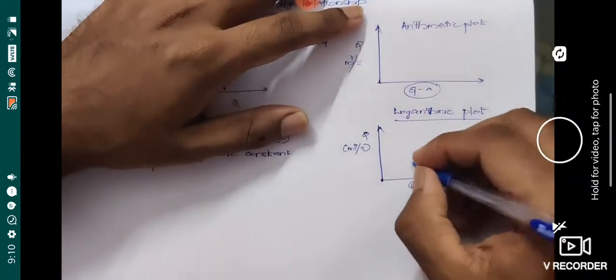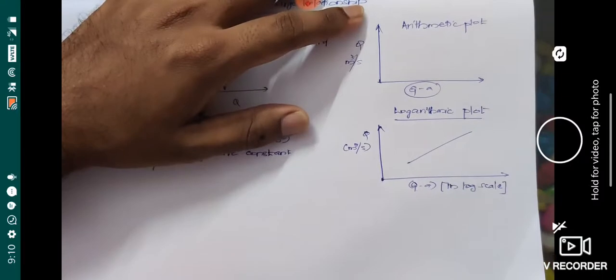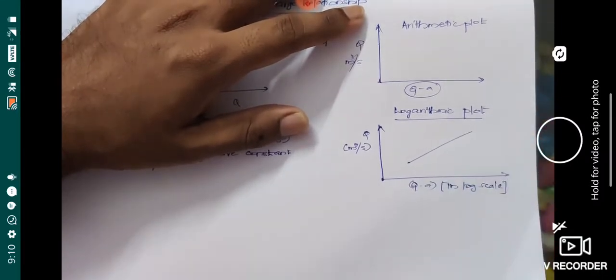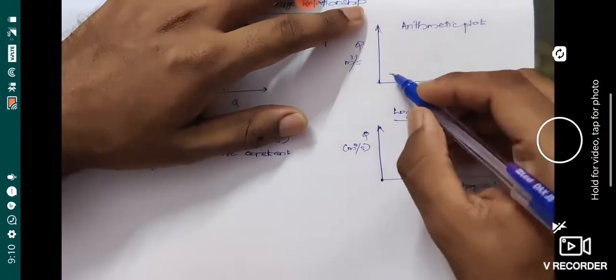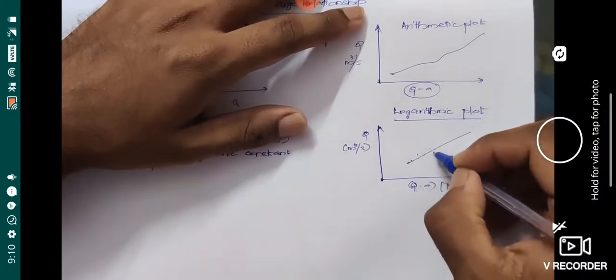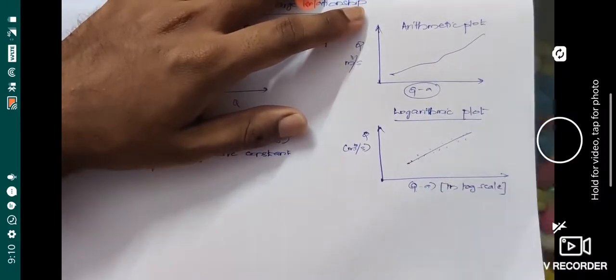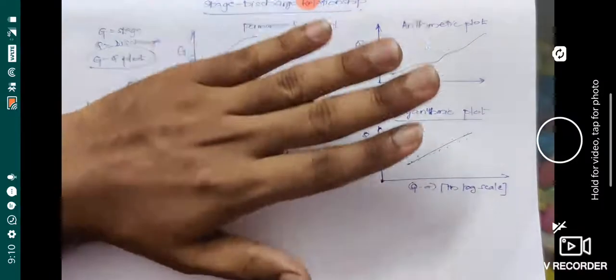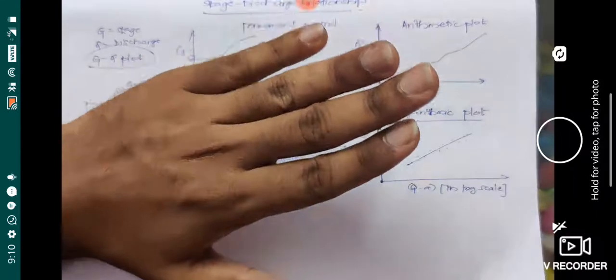Then in that case, you'll be getting more or less a straight line. I'm not saying that you'll be getting an exact straight line; you have to go for a best fit straight line. In the arithmetic plot it will go like a curve, so you cannot make a linear relationship there. Here you'll be getting some points in and around that line, and you'll have to fit a straight line. So that's why it's better that you convert it into this logarithmic scale.